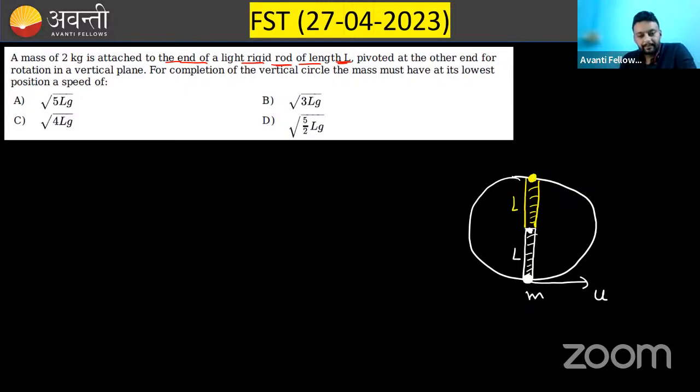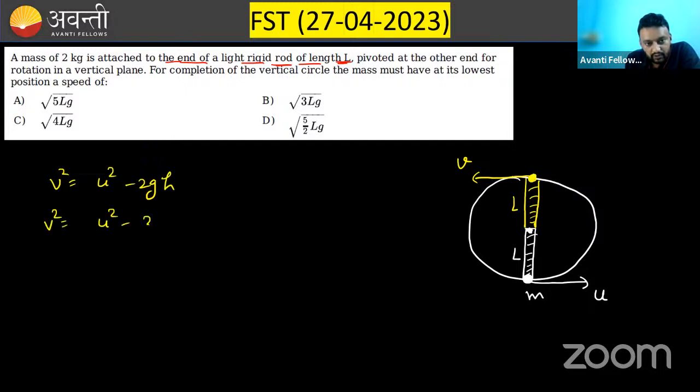So in this situation, let's suppose at the highest point, its velocity is v. If I use v square equals u square minus 2gh, so v square equals u square minus 2g, and what is the height? 2l.